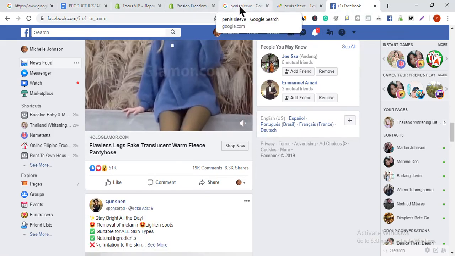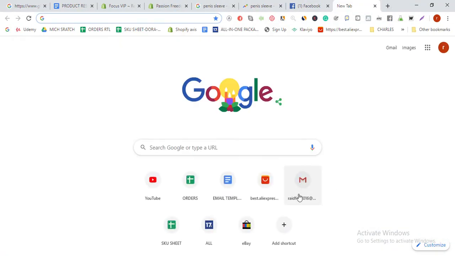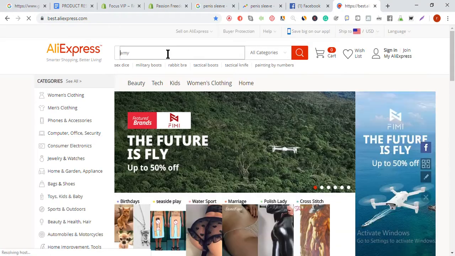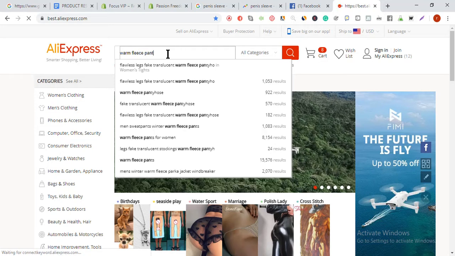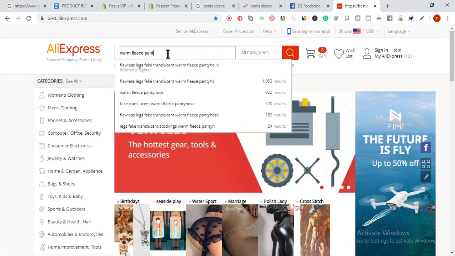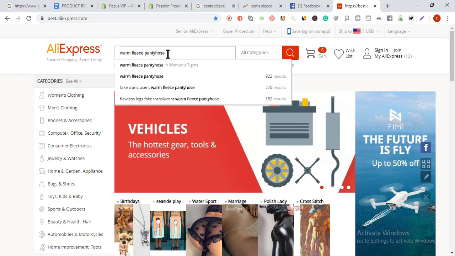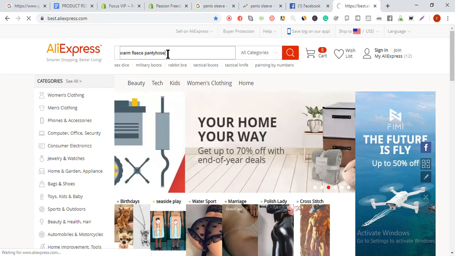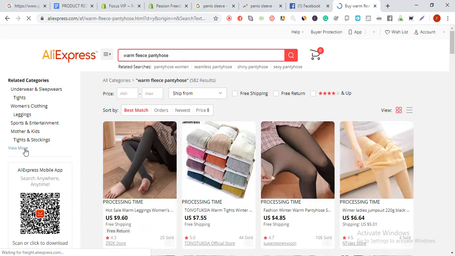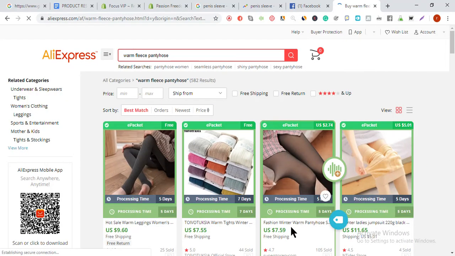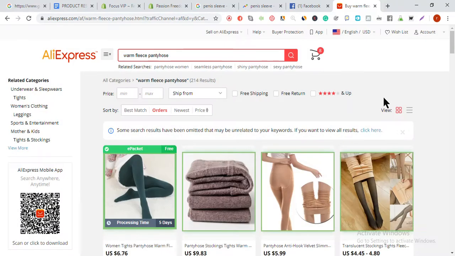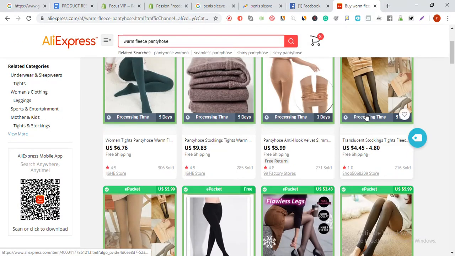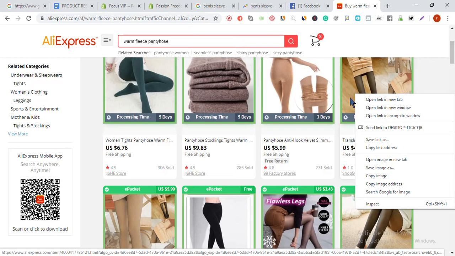Warm fleece pantyhose. Check it out. This is it, right? This one? Yeah. So let's click orders, and I think this is it.